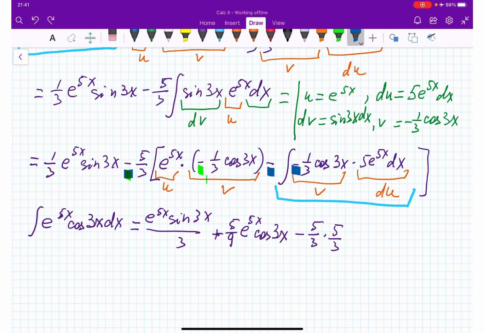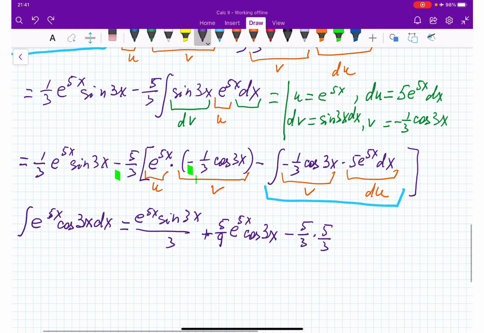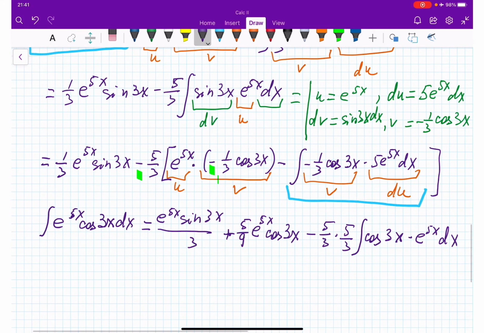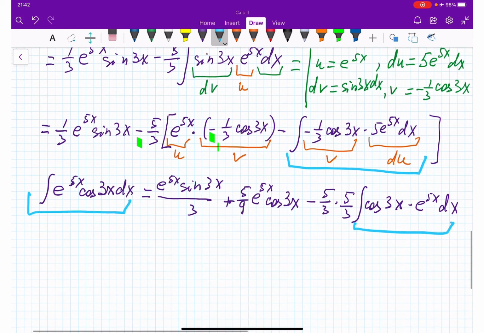Let me clean, otherwise it's going to look too messy. Okay, so minus 5/3 times 5/3 integral cosine 3x times e to power 5x dx. Okay, so look what we have, right? These two I'm going to combine.